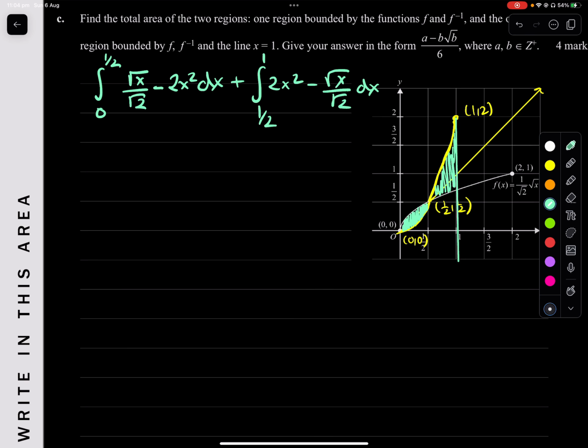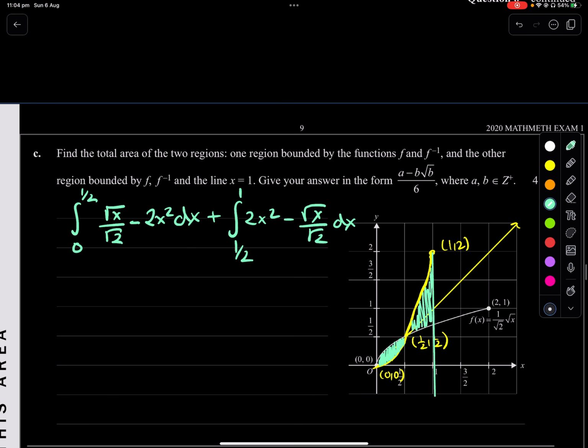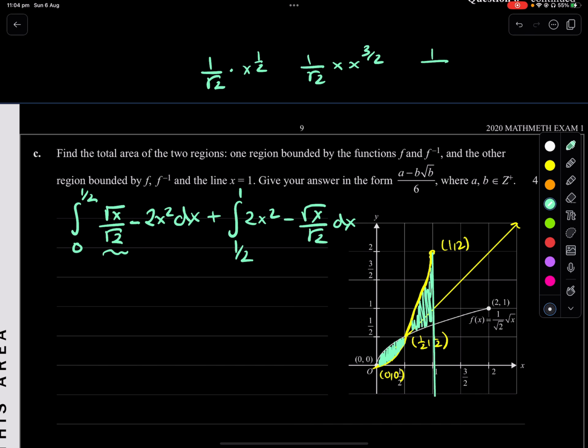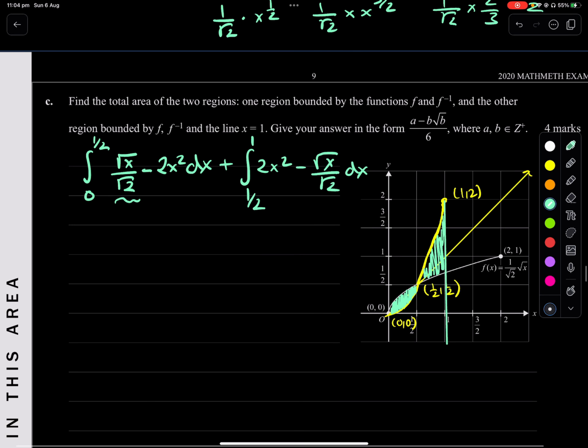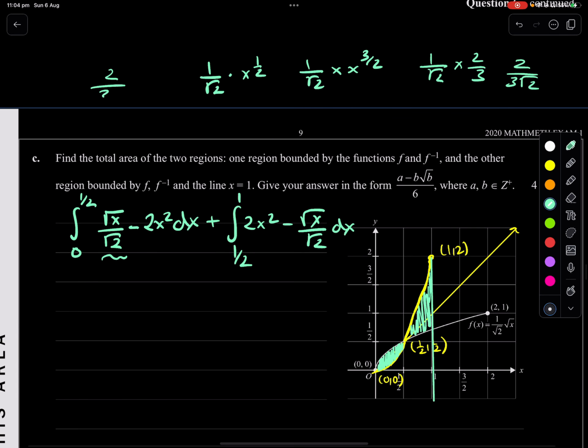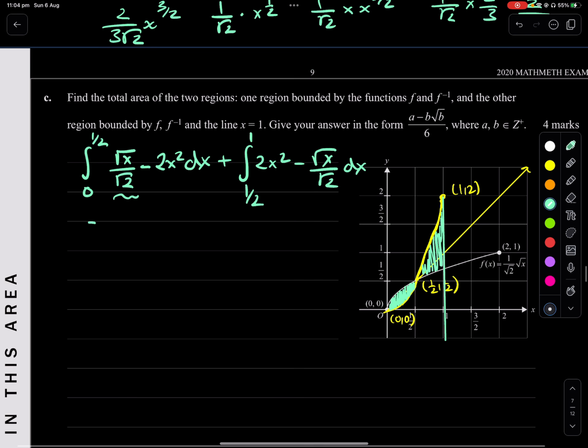So let's integrate this over here. It's 1 over root 2 times x to the half. I'm going to add 1, so it'll be x to the 3 over 2, divided by 3 over 2. Imagine 1 over root 2 divided by 3 over 2, so times 2 on 3, it's 2 over 3 root 2, x to the power 3 on 2.